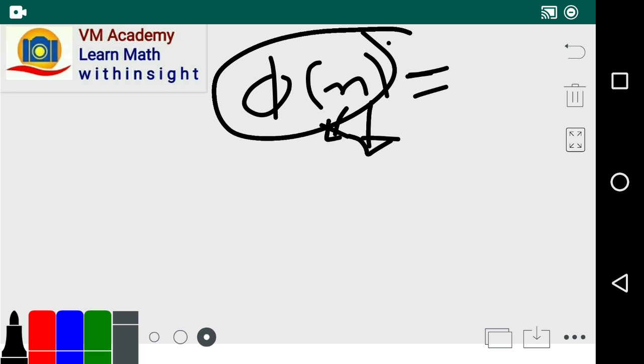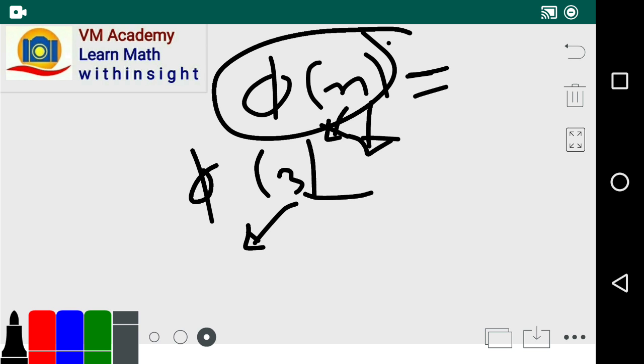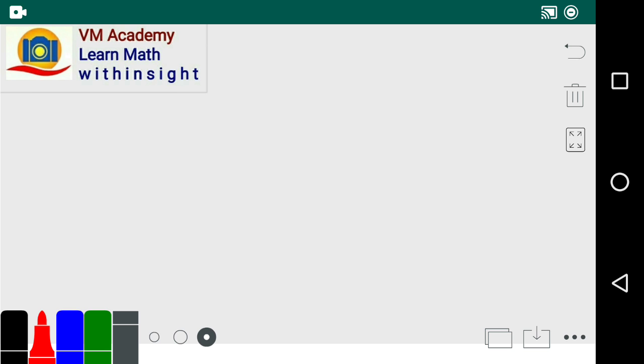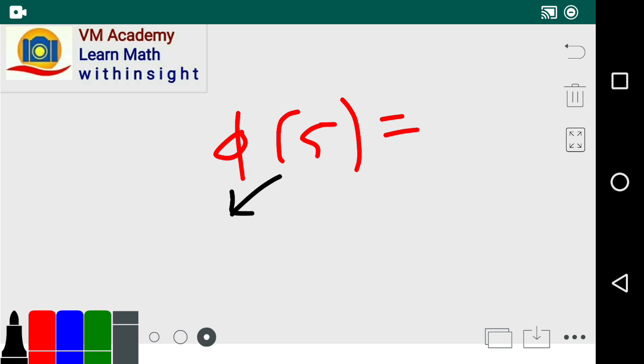Example, friends, phi of 3. The numbers that do not share any prime factor with 3 and are less than 3 are 1 and 2. There are two numbers, so phi of 3 equals 2. Similarly, let us take 5. How many numbers are co-prime to 5?